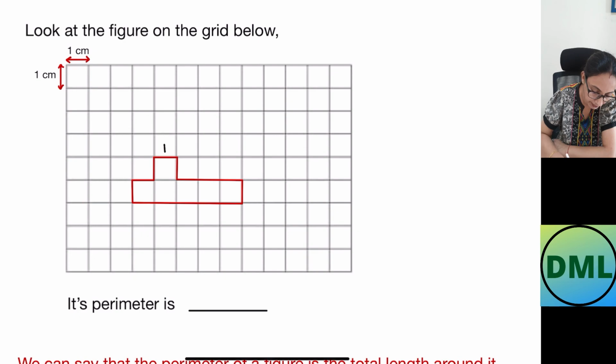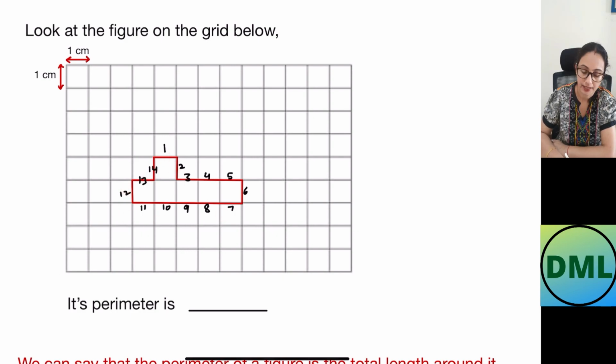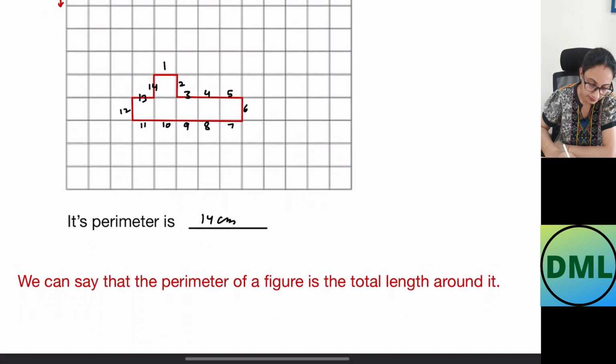So it will be 1, 2, 3, 4, 5, 6, 7, 8, 9, 10, 11, 12, 13 and 14. You are going 14 units along the edge. So its perimeter will be given by 14 centimeter. This shows that the perimeter of the figure is the total length around it.